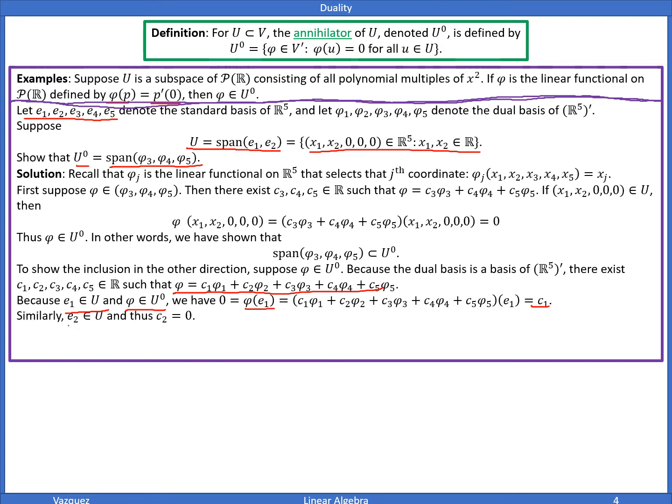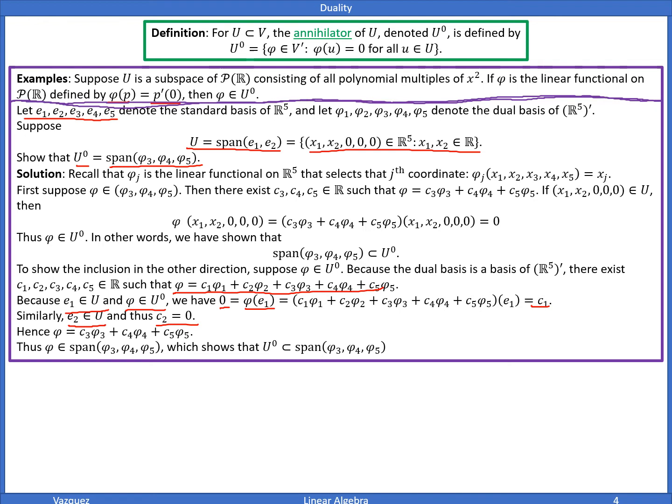Similarly, the same thing we can do for E2. We get that C2 is equal to 0 as well. Therefore, phi is equal to a linear combination of C3 times phi3 plus C4 times phi4 plus C5 times phi5.